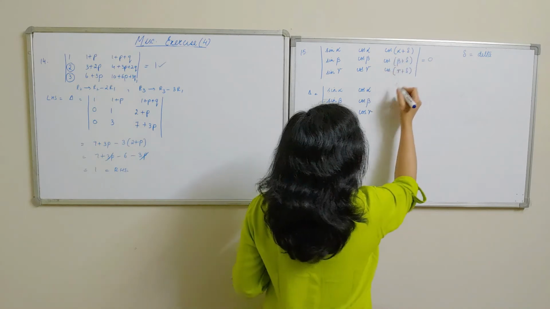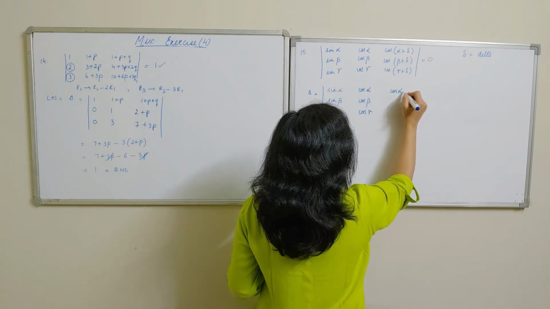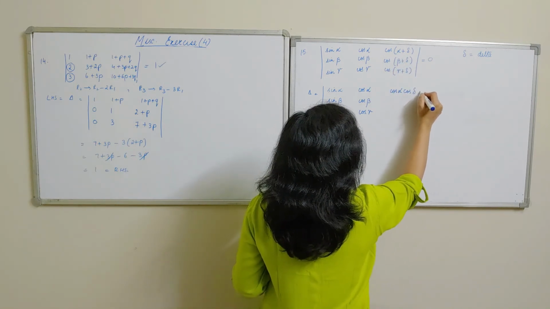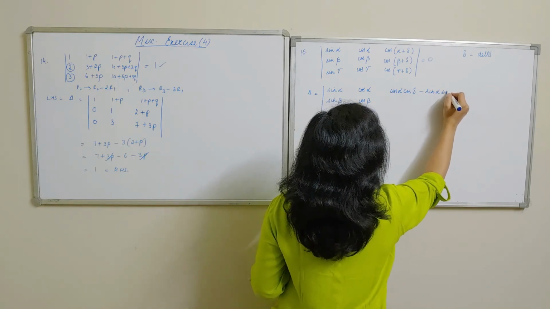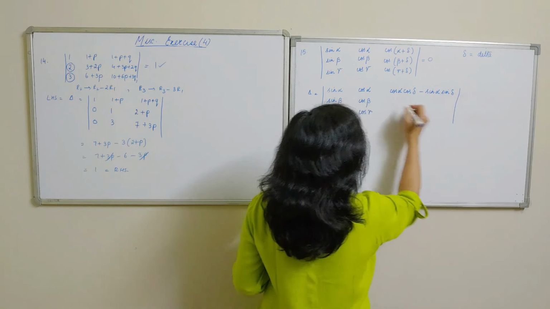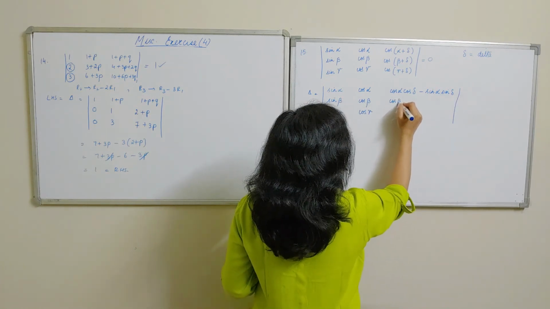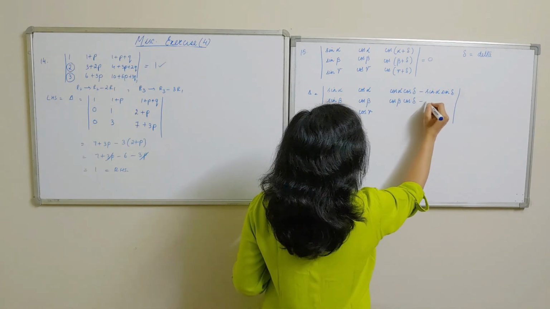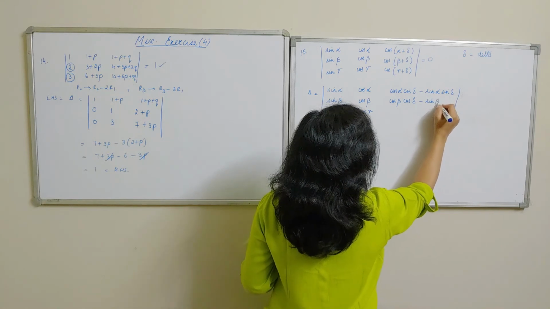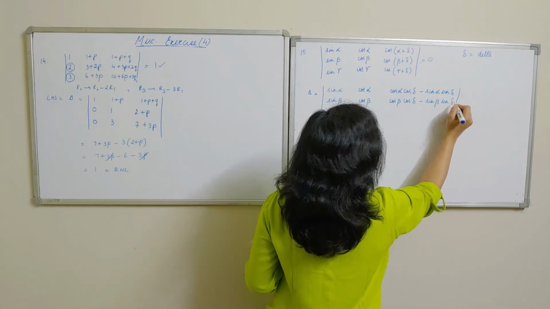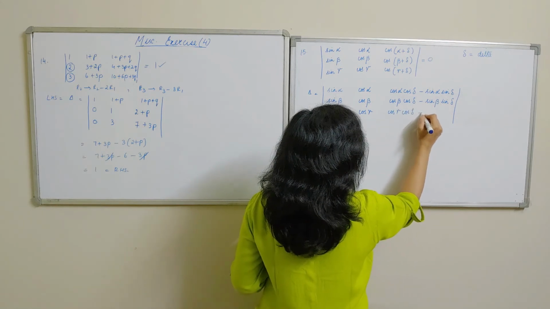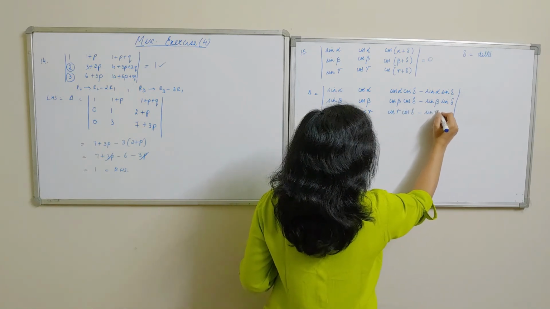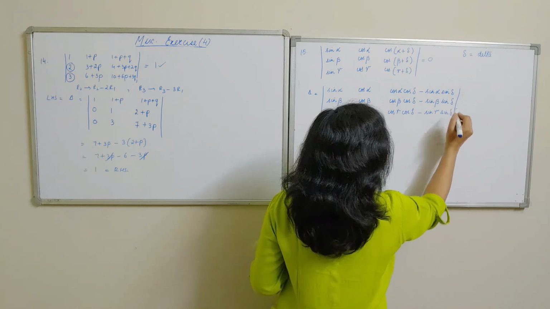So cos a plus b will be cos a cos b minus sin a sin b. And this term is cos gamma cos delta minus sin gamma sin delta.